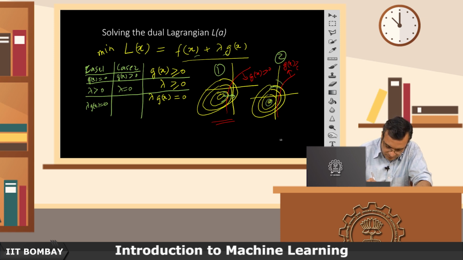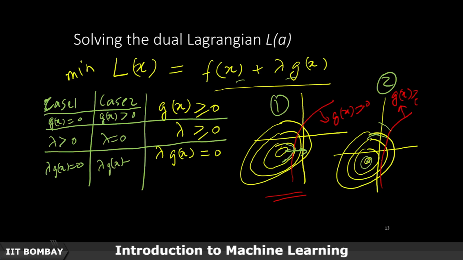Because lambda is 0, again we will have lambda times g(x) equal to 0. So the conditions are satisfied for both cases. What this means is that if we go back to that objective function in terms of α, which was, let me see if I got all the terms correct, the sum of αi minus half the sum over i and the sum over j.